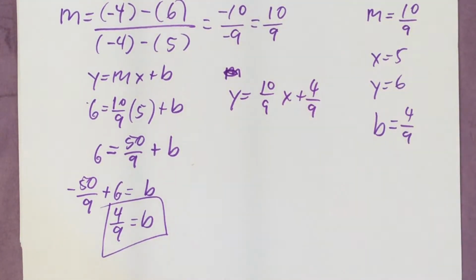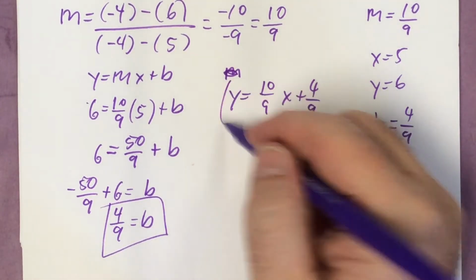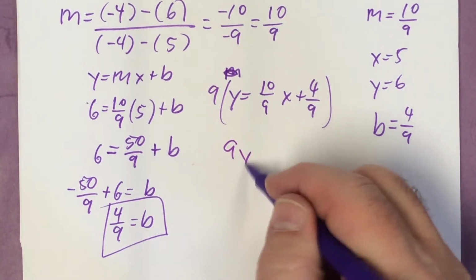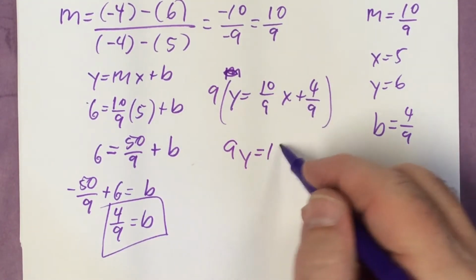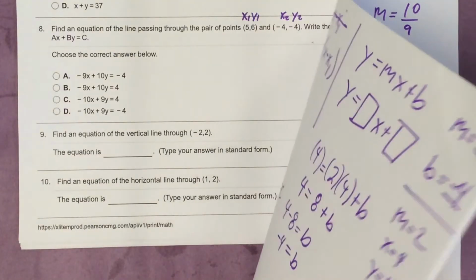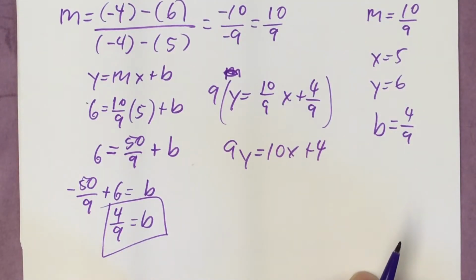Well, if I'm going to make this into standard form now, I need to get rid of the fractions, which means I'm going to multiply everything through by 9. So for that we're going to get 9y is equal to 10x plus 4. And it looks like, yep, that looks like about the answer we're going to get.